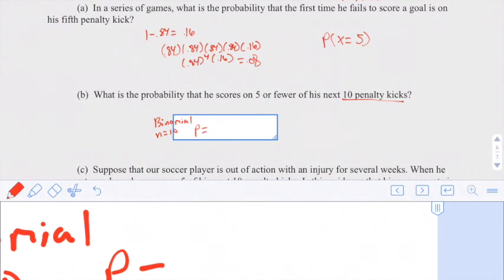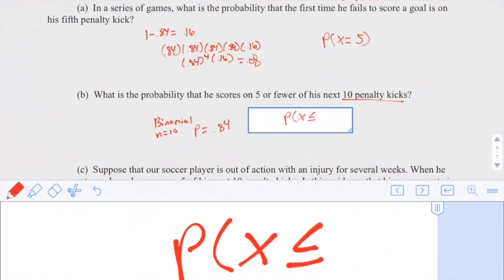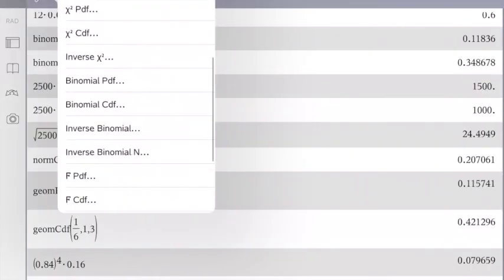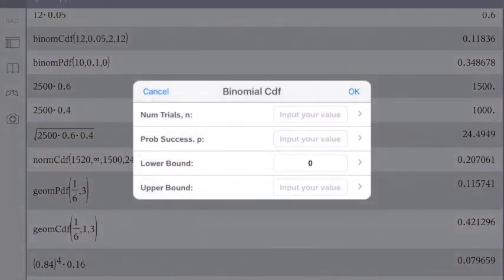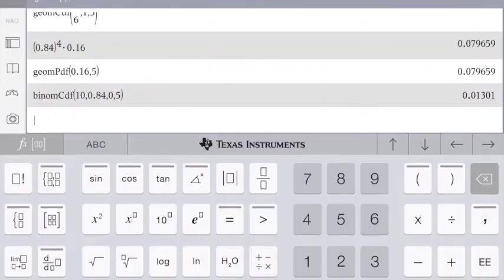So let's say scoring is a success, so 0.84, and we want to know the probability he scores on 5 or less. So this is a CDF. 0.01.